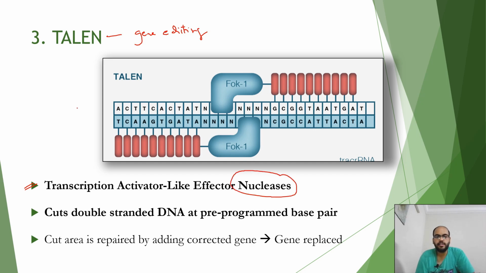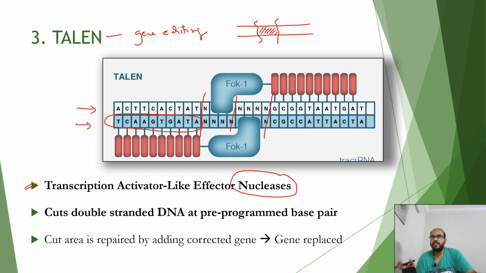So in this diagram, this is a DNA strand, double-stranded DNA. What TALEN does is it recognizes a sequence of nucleotides, attaches itself to it, and then cuts it at a predisposed location. So a double-stranded DNA is cut by TALEN at a location where the mutation is present, and then you supply the corrected gene which gets incorporated.